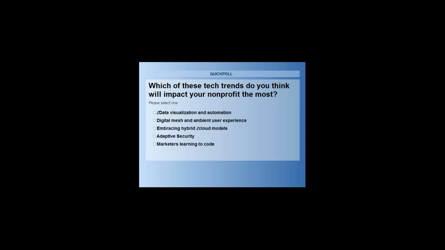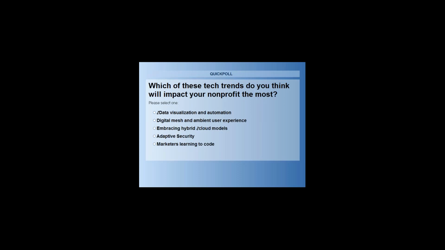Here it could be data visualization, which again are automated dashboards. It could be integrating all of your systems together so you can create a more consistent user experience. It could be embracing cloud hybrid models so you can save data on a private server and have data on public servers.